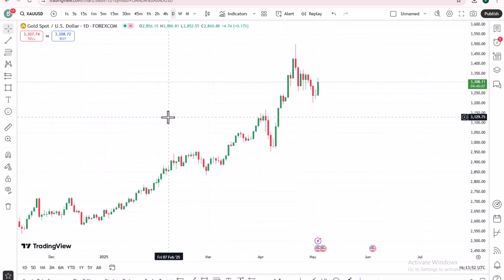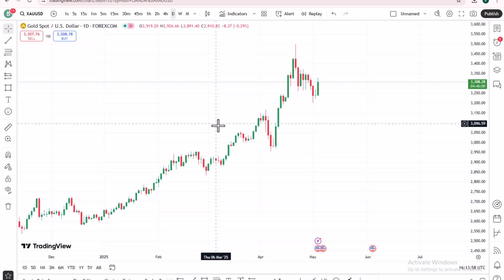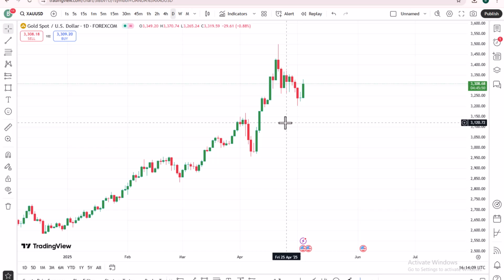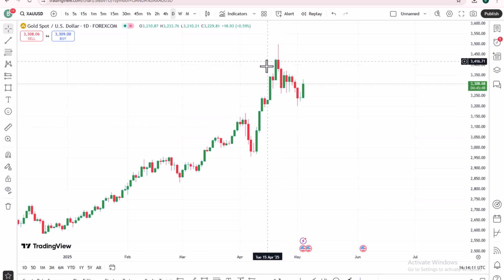Before I trade, I just start on the daily time frame. As you can see, we are on the daily time frame. Anytime I start my day to trade, I look at the price action, what is going on in the market.